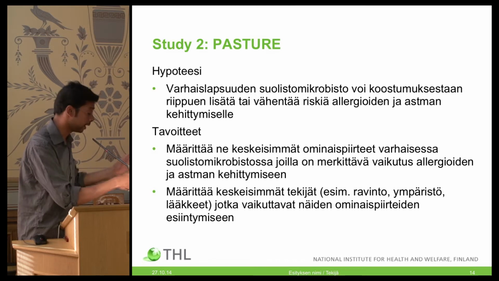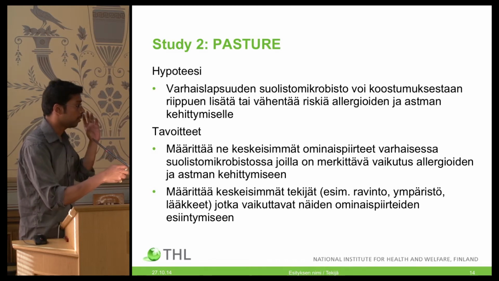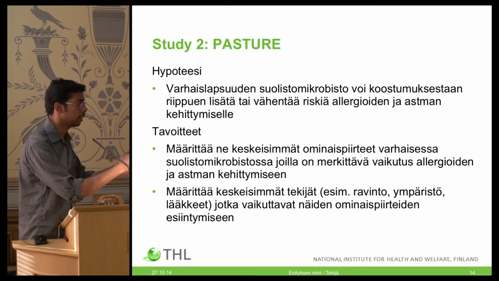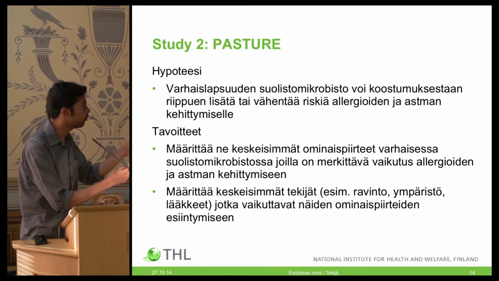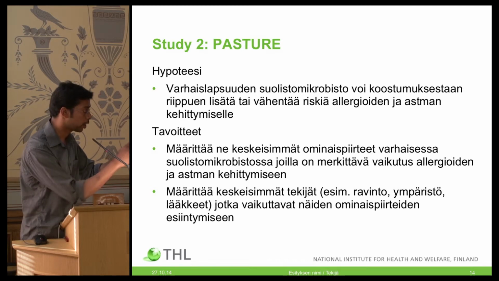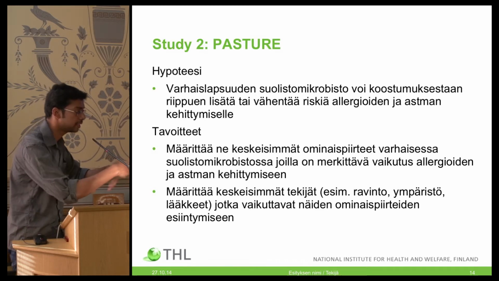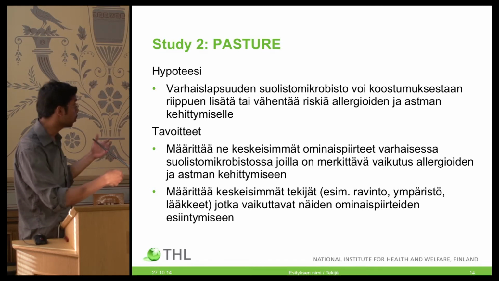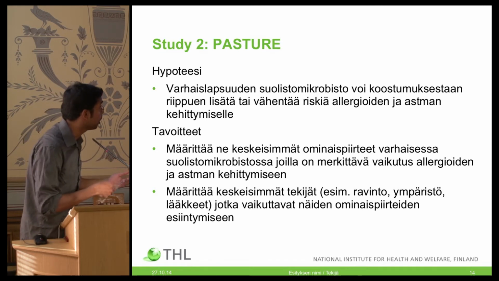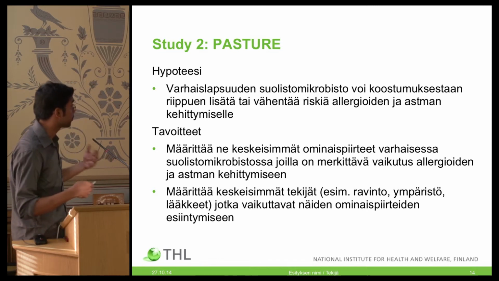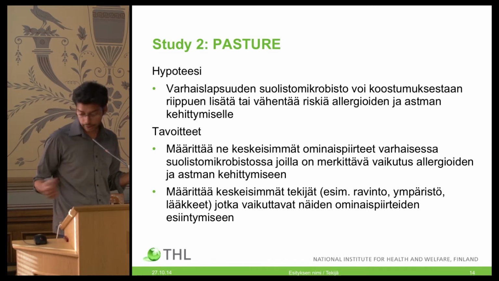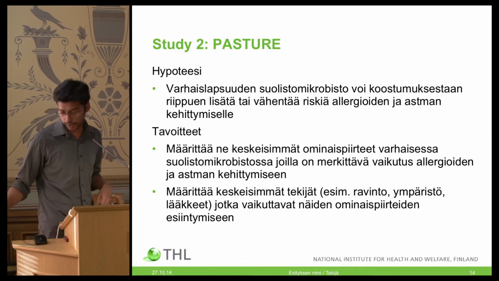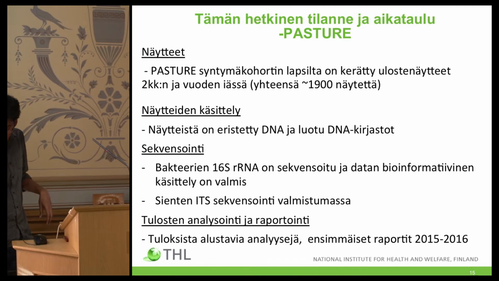So our hypothesis here is whether there are any factors influencing the gut microbiome which will develop the risk for asthma. That's our hypothesis. So we are trying to see the microbial composition of the collected gut samples from the infants.